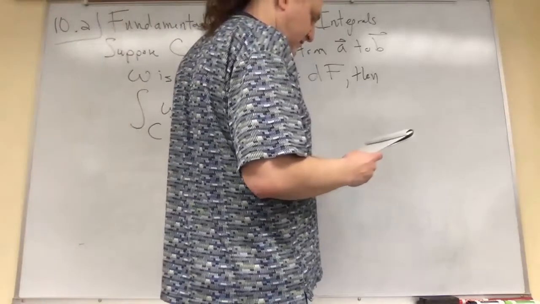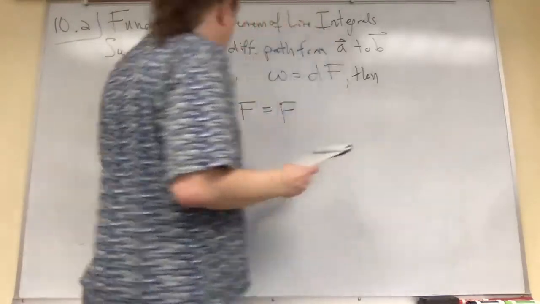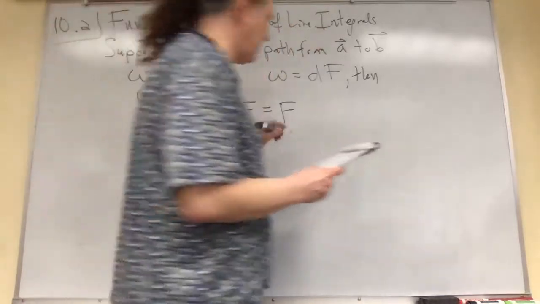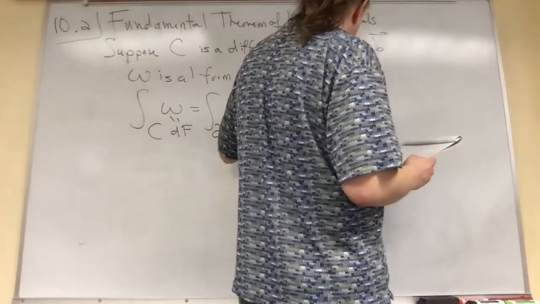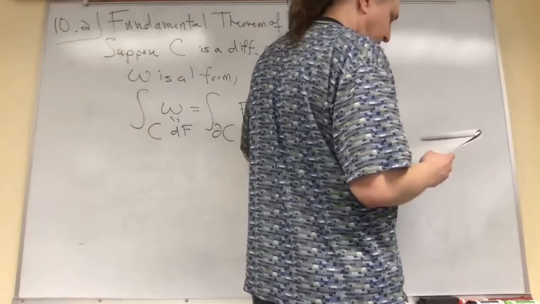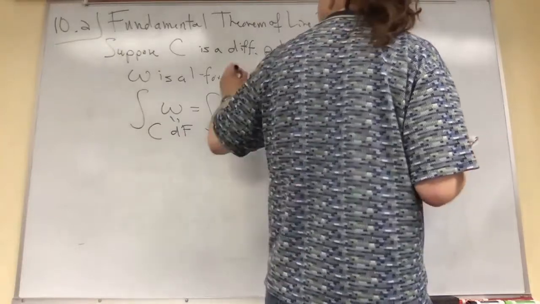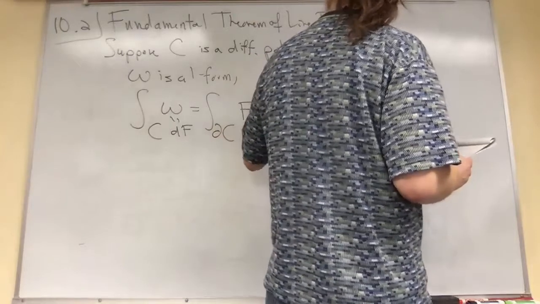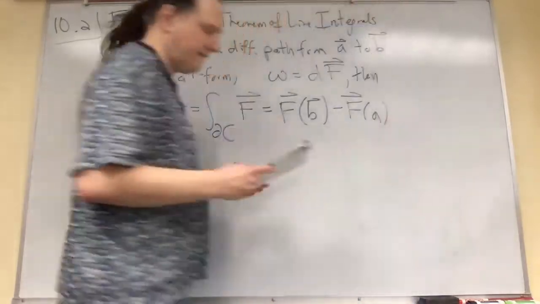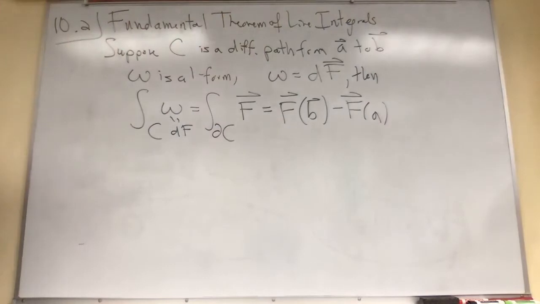And the boundary of the curve is just a and b. So this gives us f at b minus f at a. And I should point out f here is a vector valued function. So maybe I'll emphasize that and make it clear. All right.